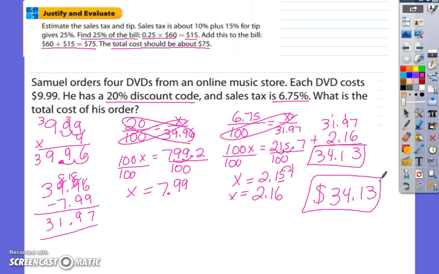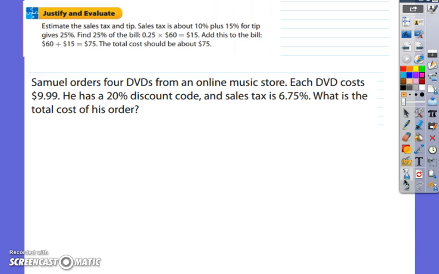Now I'd like to show you how you can do that using equations. So we're still going to need to multiply $9.99 times 4 like we've done before, and so we got $39.96. All right, now we need to calculate the discount, which is 20%.